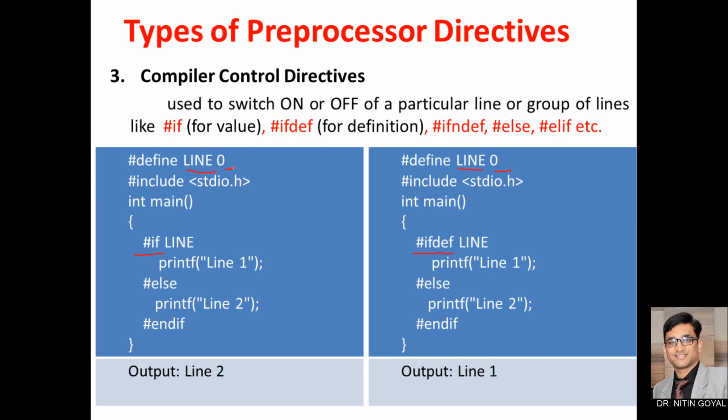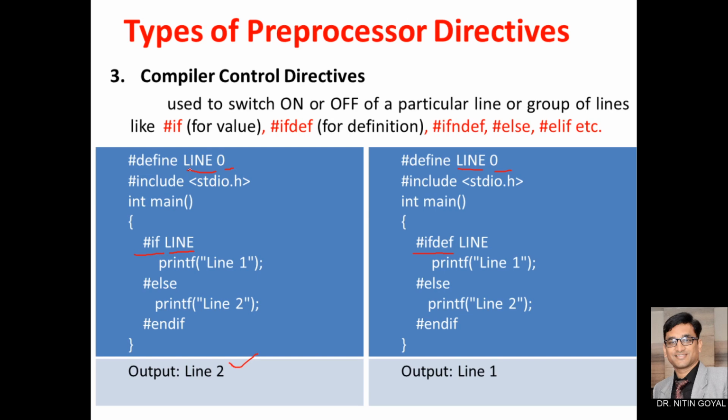What will be the difference by using #if and #ifdef in these cases? In the first case, it will not get executed and it will go to the else part and print line 2. Why? Because it is checking #if line. If line means if something exists.